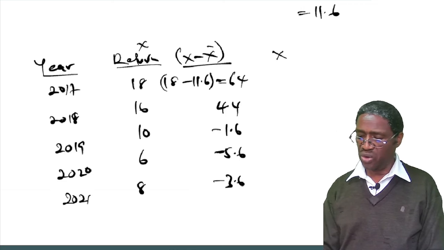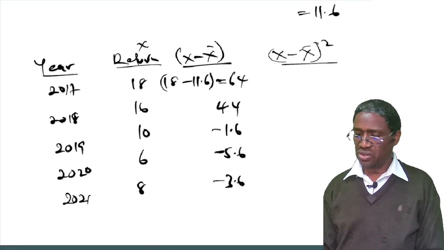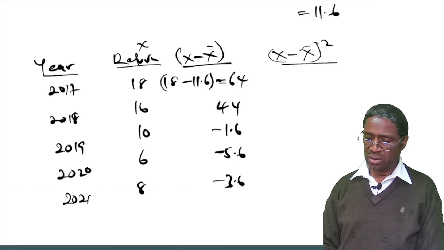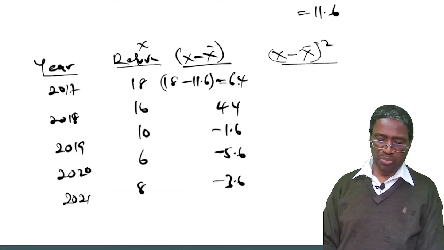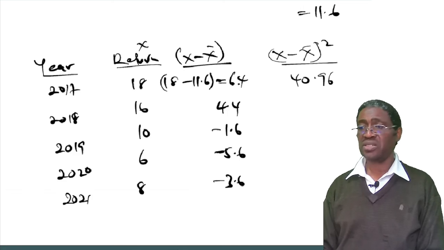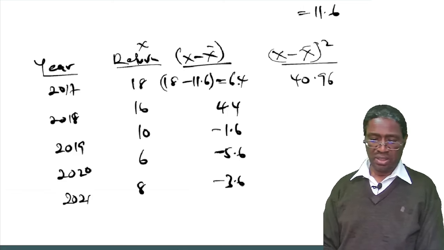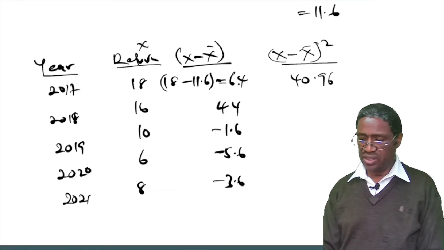Then I get the squared, x minus x bar squared. Let's get the square. This was 6.4. So I take 6.4 times 6.4 again, that is 40.96. The second one is 4.4 times 4.4 again, that is 19.36.